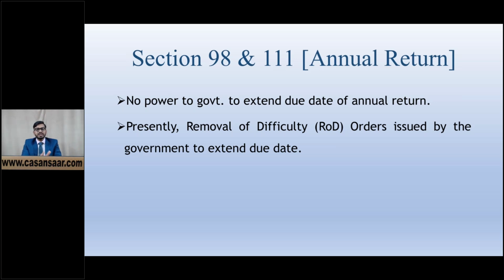But this is a temporary provision in GST law which will go away in a few months' time. So to give itself a permanent power for extension, government prescribed this change in section 44, by which now they can, vide a notification, extend the due date of annual return.